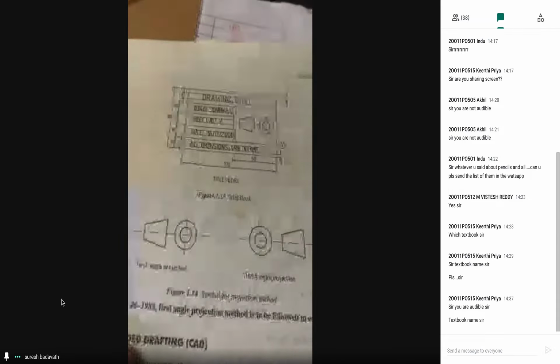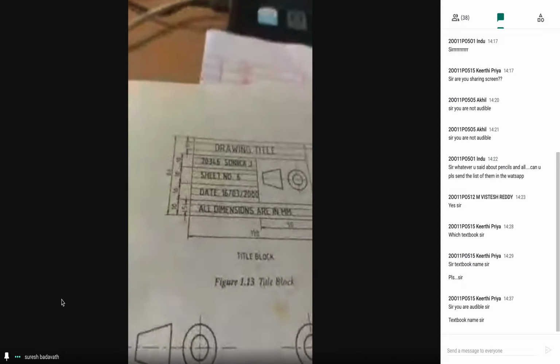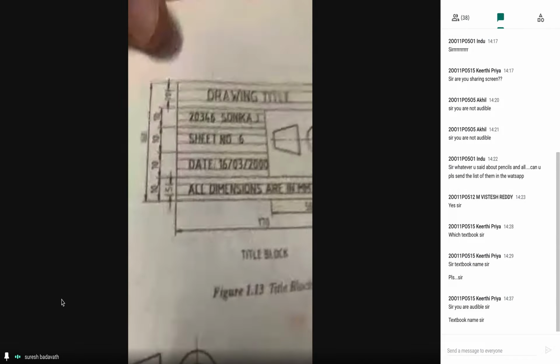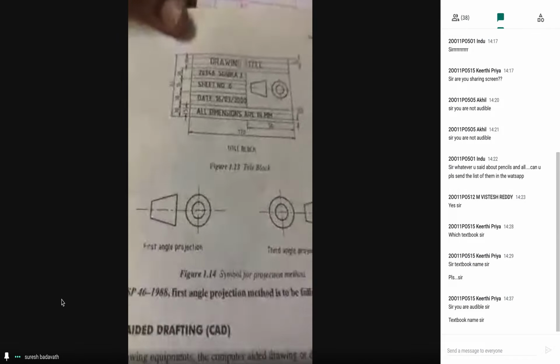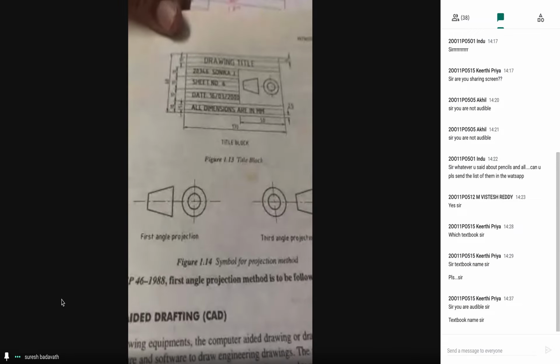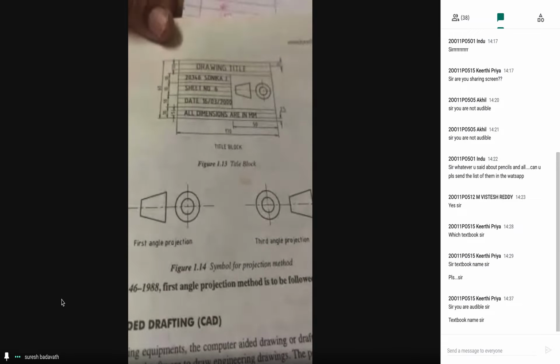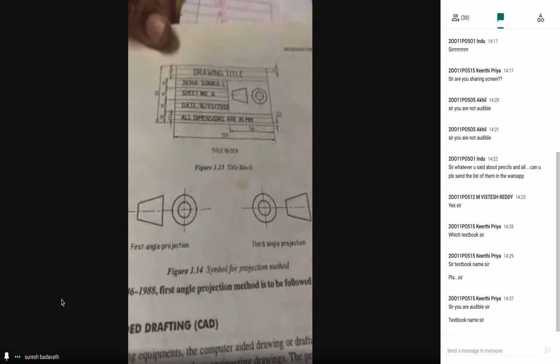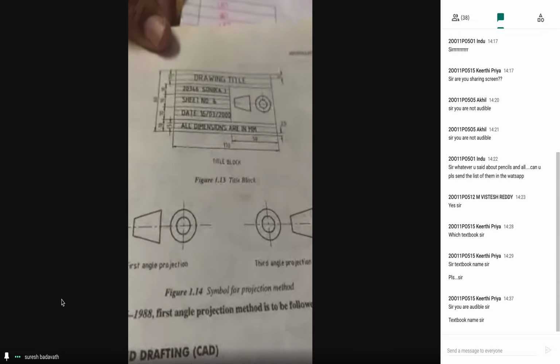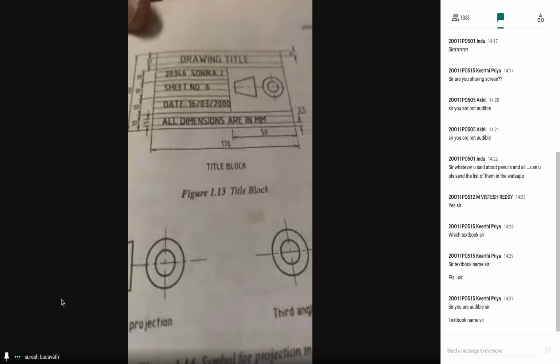This is a symbol: first angle projection, third angle projection can be used there. See, all of you, the first angle projection symbol is drawn in the title box. The first is the drawing title name.